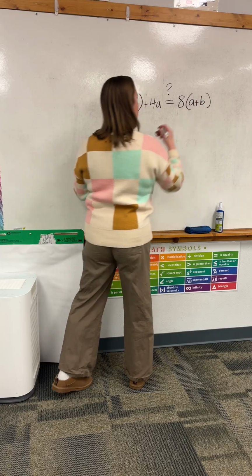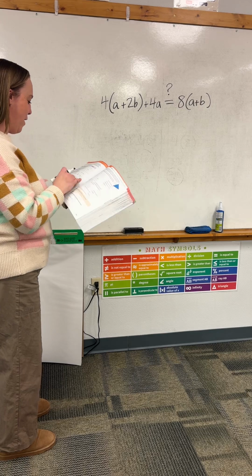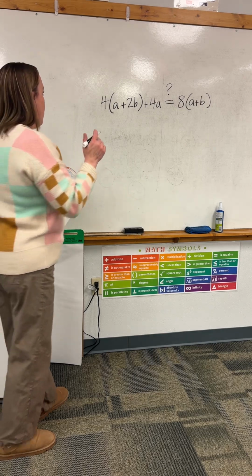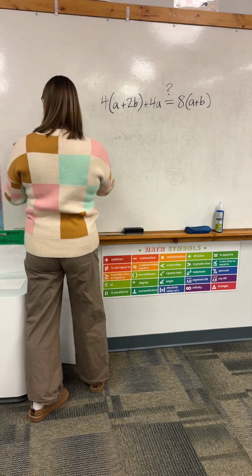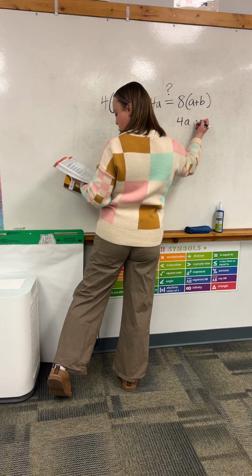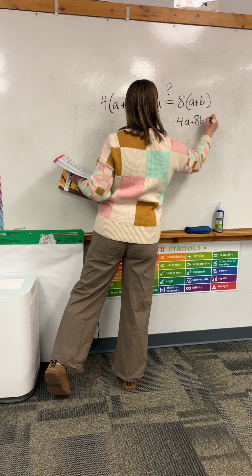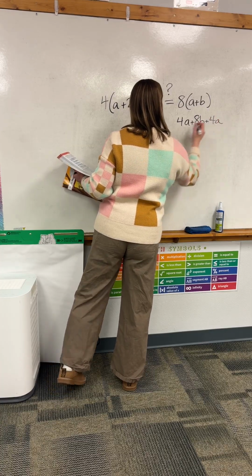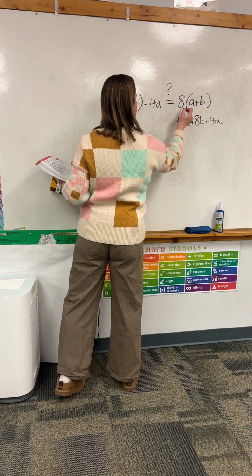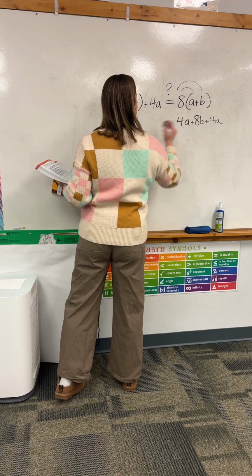I really hope this isn't going off the screen. It might be, I guess we'll see. You're looking at what's different. What's different here is they said 4A plus 8B plus 4A. So these two, 4A and 4A, is the same thing as 8A, and there's your 8B right there.